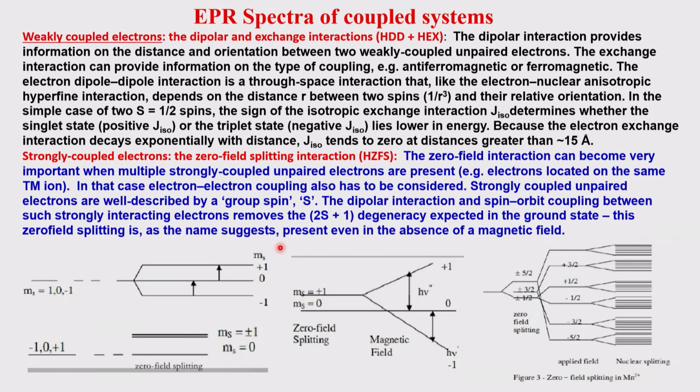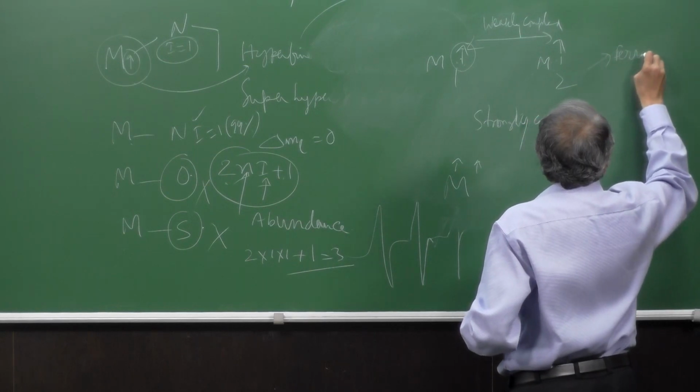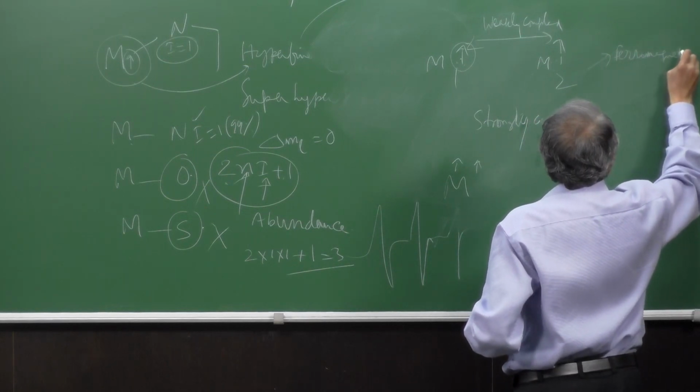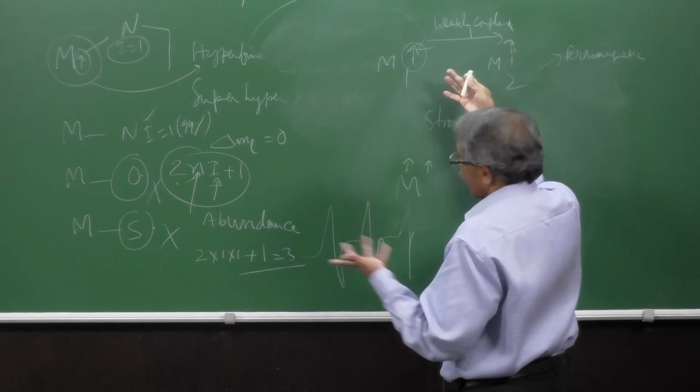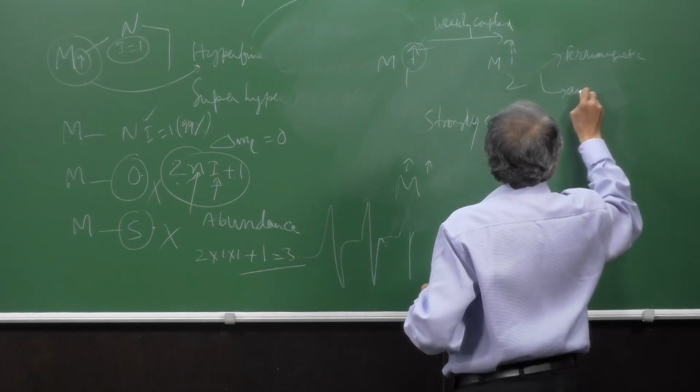Such an exchange, if they get added up, will become a ferromagnetic interaction of the two electrons' magnetic vectors, or antiferromagnetic.